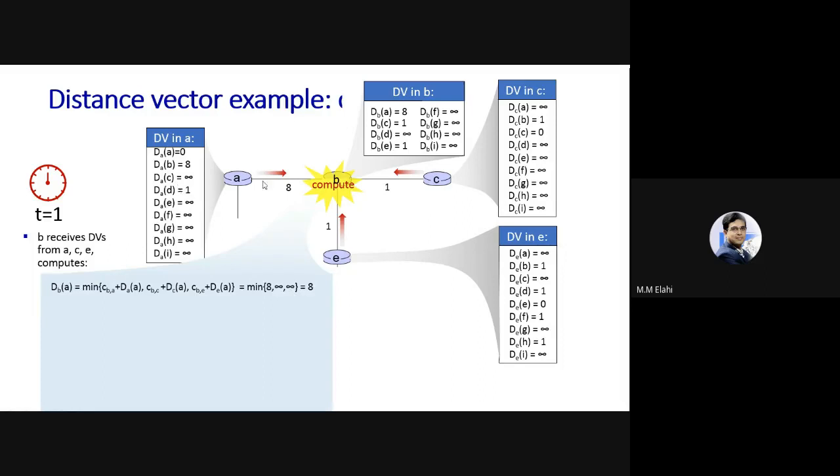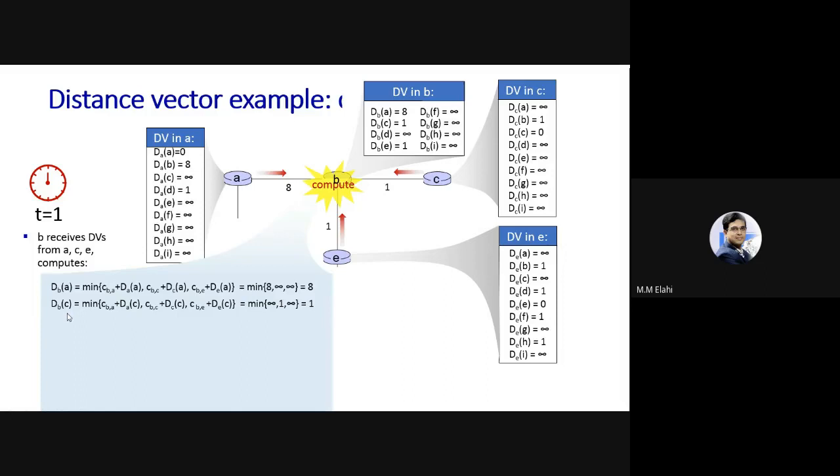So see this table, it will update D B to A as 8, as it is. Similarly, after getting the updates from the neighbors, B will update its entire distance vector table. Entire, not only D B A. It will calculate D B A, D B C, D B D, all the values individually.